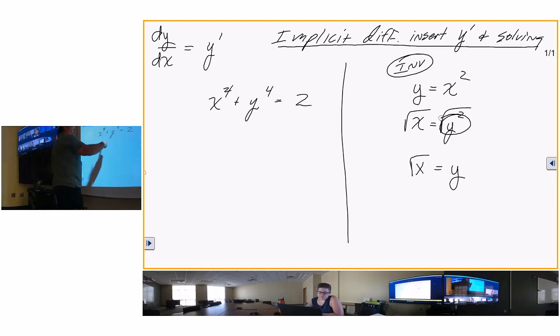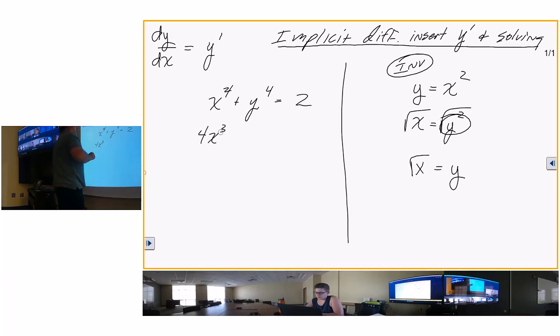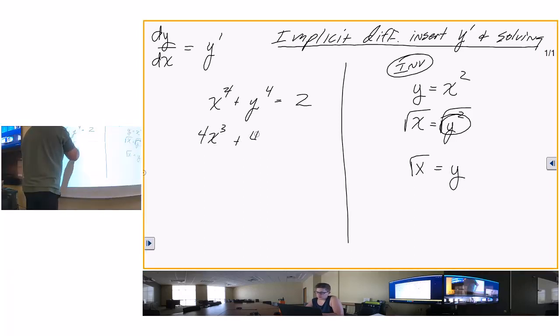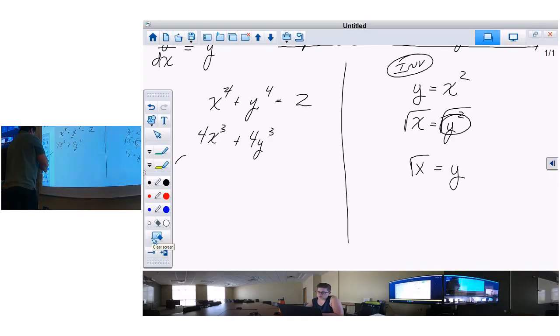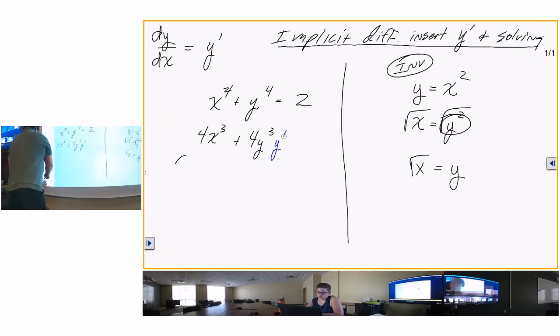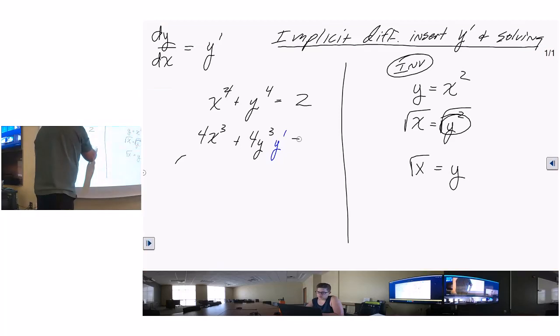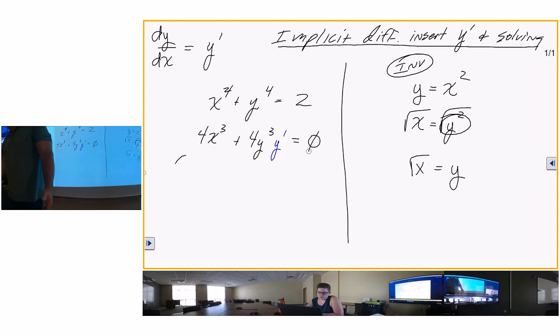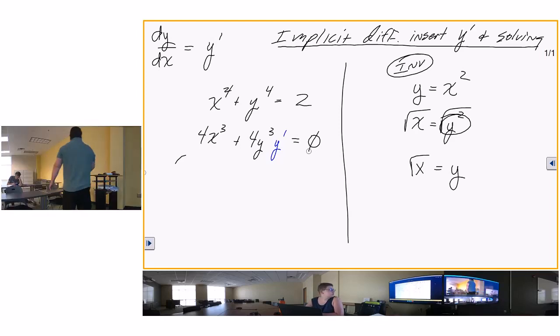So, go through and take the derivative. 4x to the third plus 4y to the third, and then I'm going to put right beside it in blue a y prime. Equals what? 0. Now solve for y prime. Go ahead and do that, because we're done with the calculus.